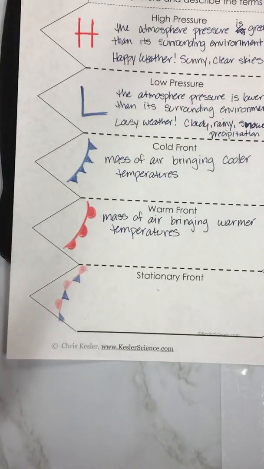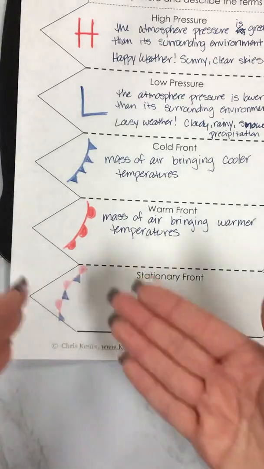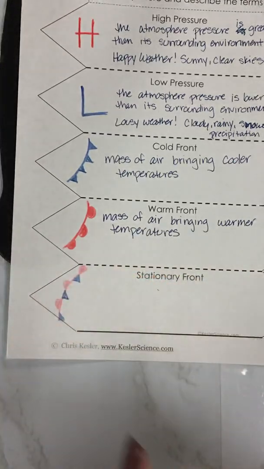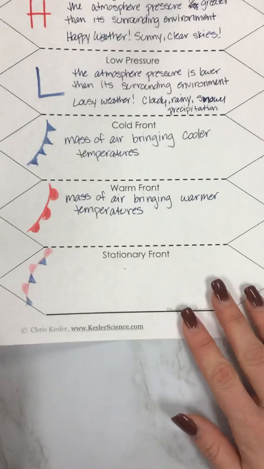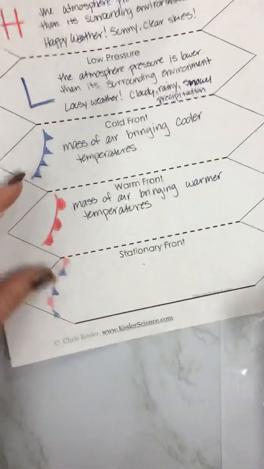So what is going to happen? Whenever they mix, whenever they hit each other and they create this boundary, neither of these, in this case, are strong enough to overtake the other one. A stationary front is what causes us to have thunderstorms. So here's how we're going to write this.